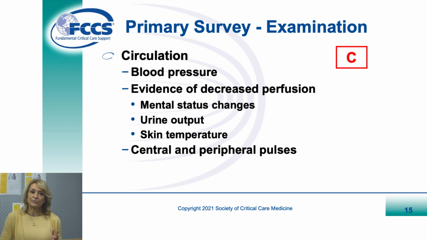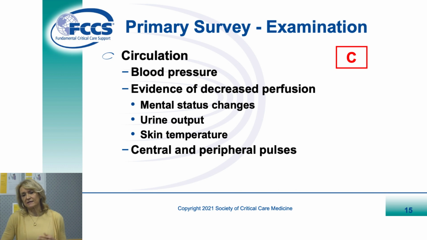So a patient's central blood pressure will be defended at the expense of the peripheral circulation. And so you have to look for other signs of decreased perfusion, such as mental status changes, urine output, and skin temperature. So cool and mottled or hyperemic and mottled are evidence of circulatory derangement.